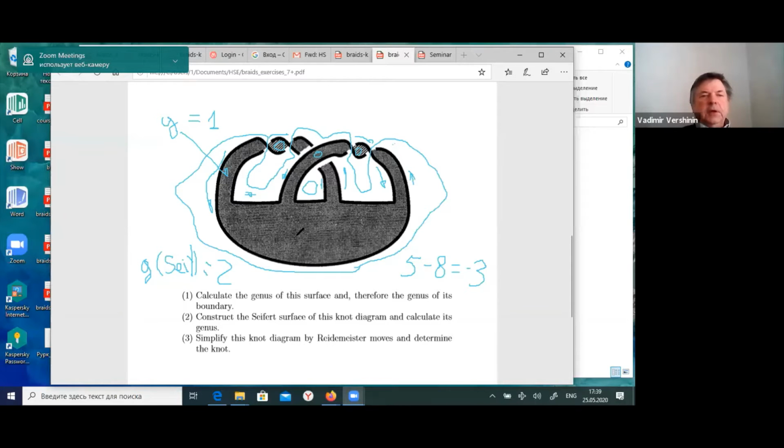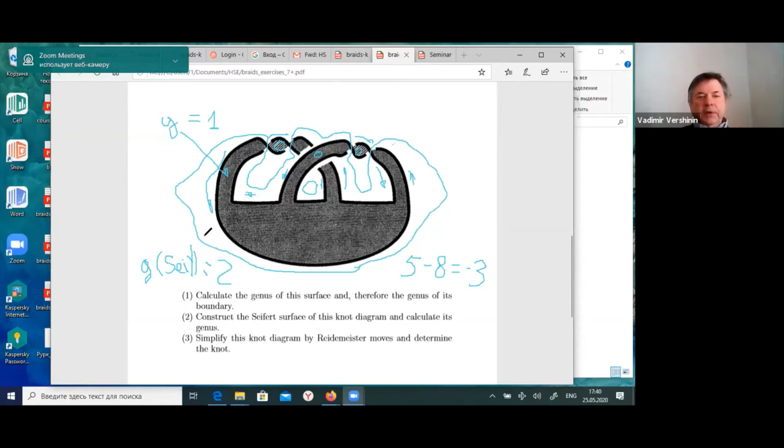In this particular case, the genus of this Seifert surface which comes from this diagram is equal to 2.